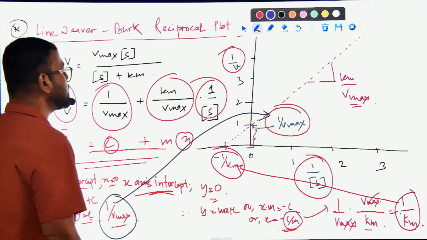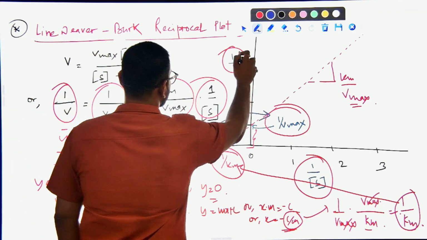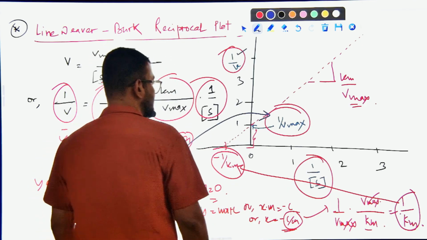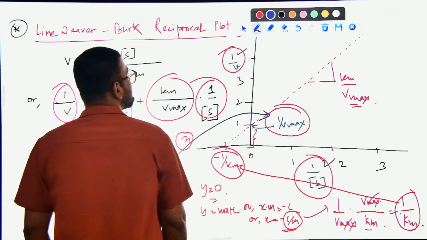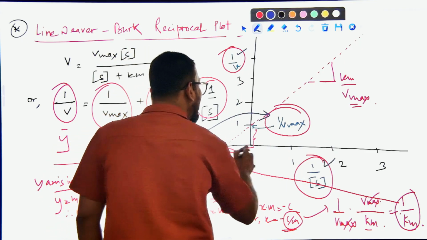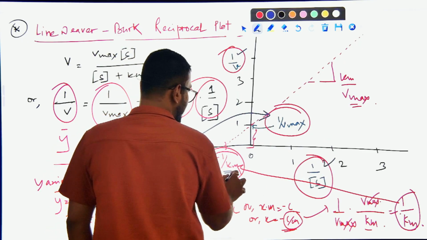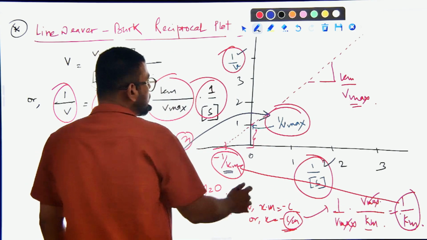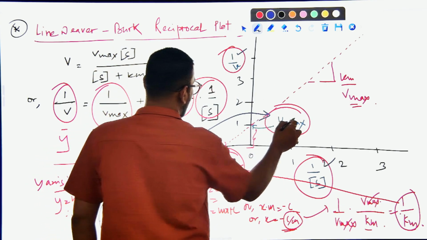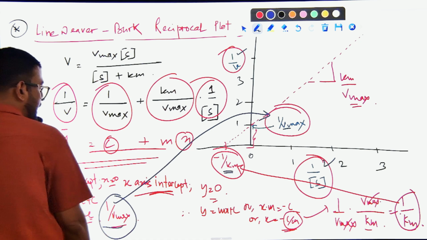So on the y-axis we have 1 by V, on the x-axis we have 1 by S. Our x-axis intercept is 1 by Km, and this is how we derived it. And on the y-axis intercept we have 1 by Vmax.